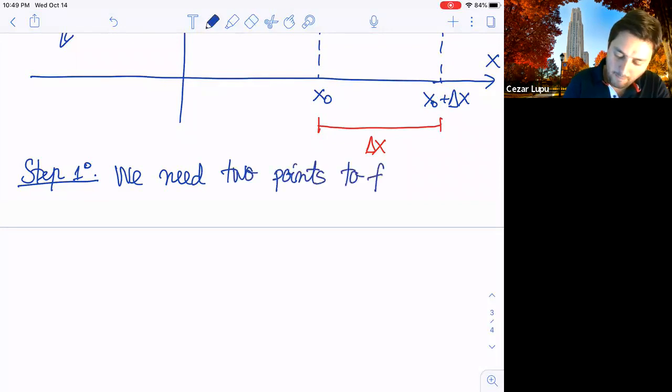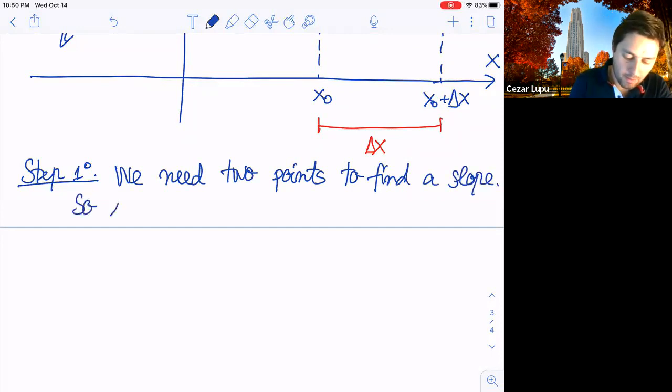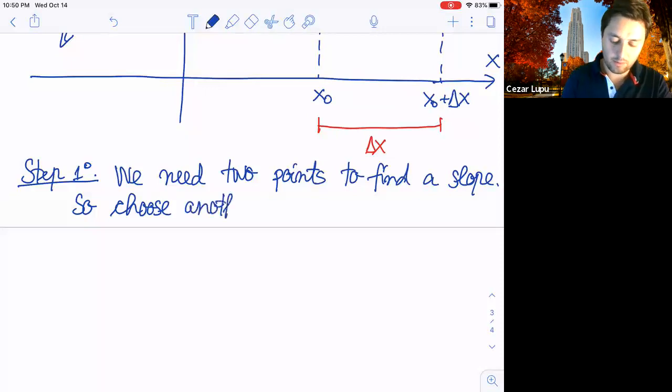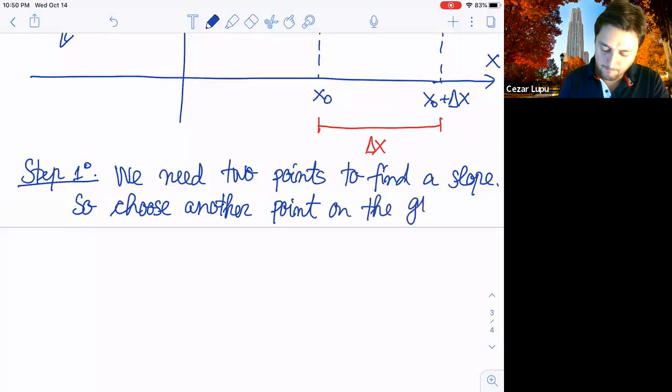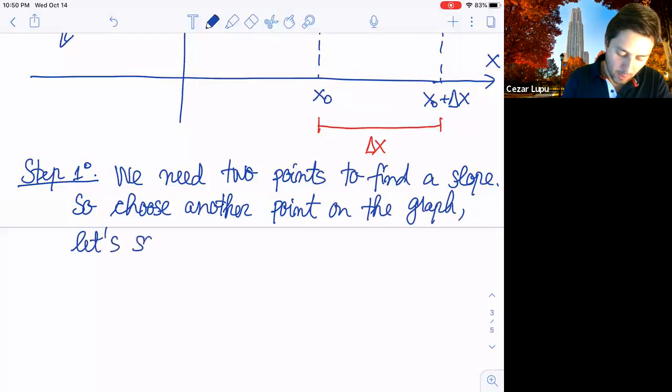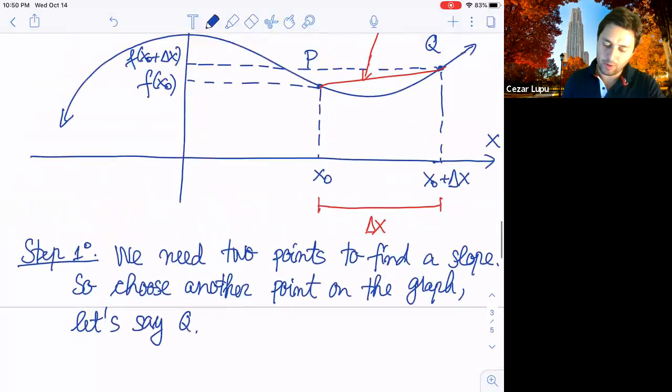So we choose another point on the graph. Let's say Q. Okay, so we have P and Q.